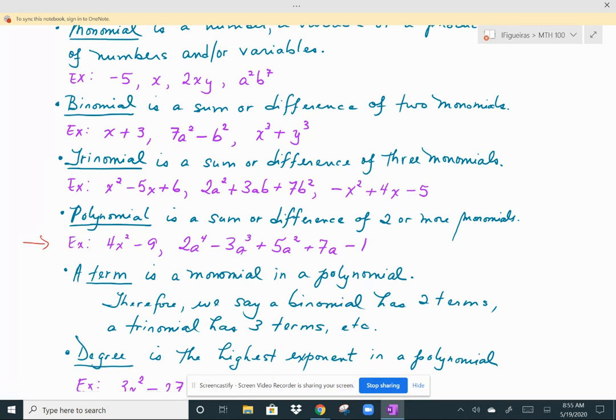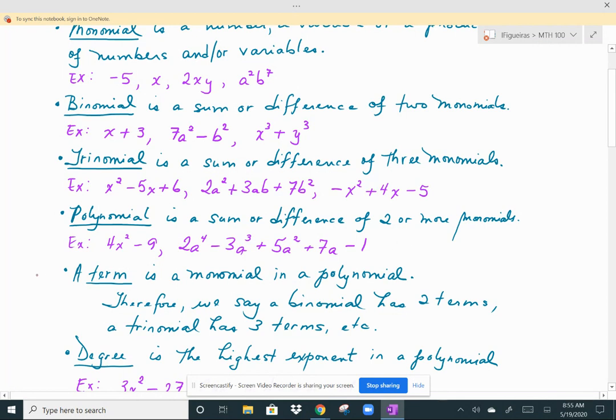But 2a to the fourth minus 3a cubed plus 5a squared plus 7a minus 1, well, that has 1, 2, 3, 4, 5 monomials that are being added or subtracted. So that would be considered a polynomial. It doesn't have a special name for having five expressions.